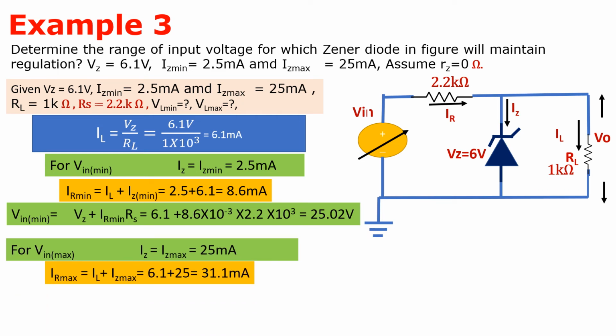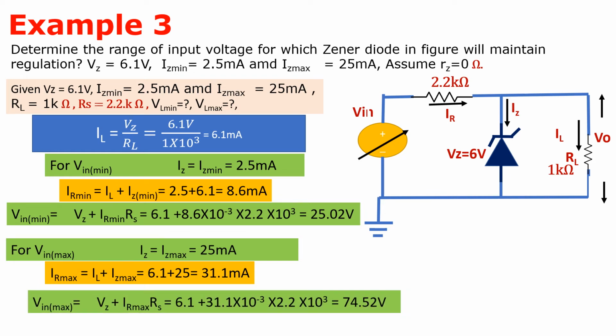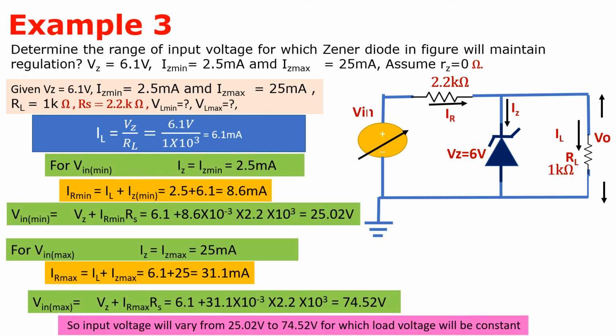For the maximum input voltage, we will take the maximum Zener current, which is 25 milliamps. We will calculate IR max, the series resistor current. It will be the sum of load current plus IZ max. IL is constant, so it will give an IR max of 31.1 milliamps. And the maximum input voltage is again Vz plus IR max times Rs.